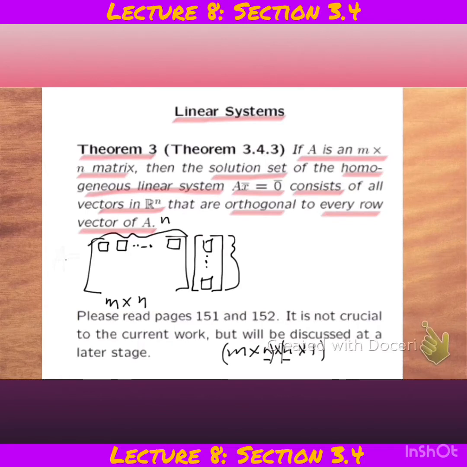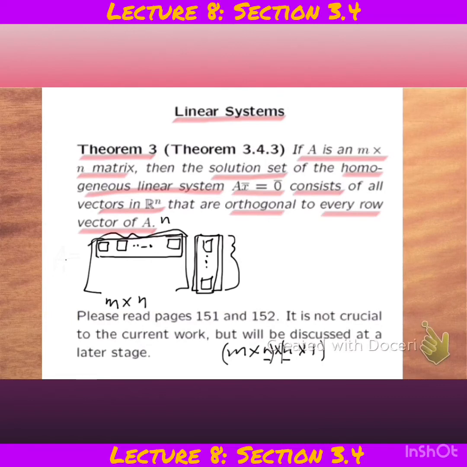Now what happens if you multiply, as an example, that row with this column here?